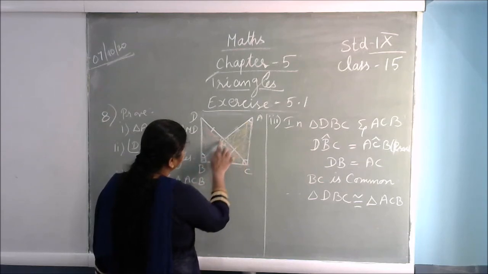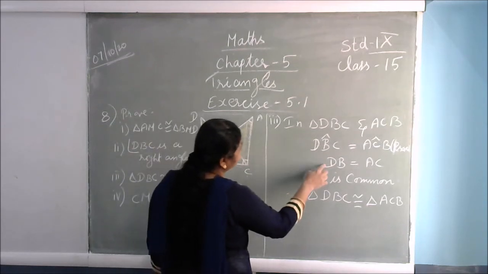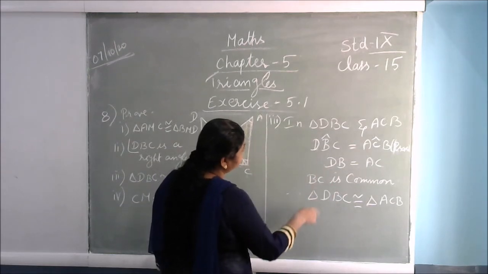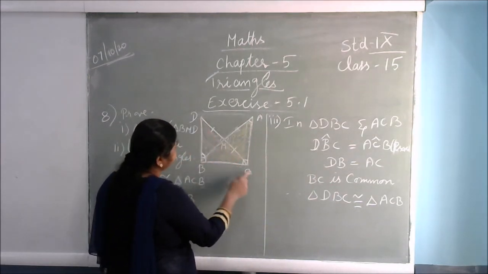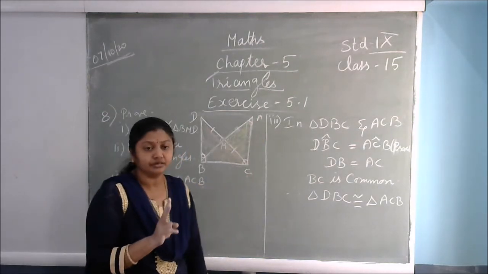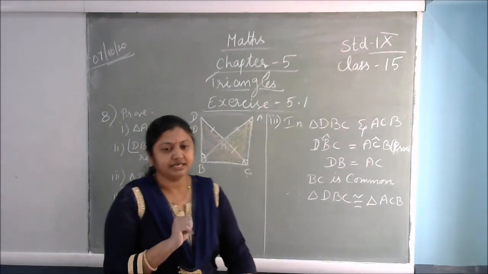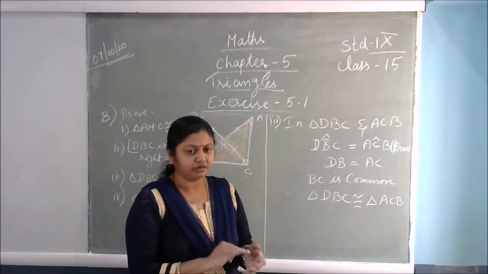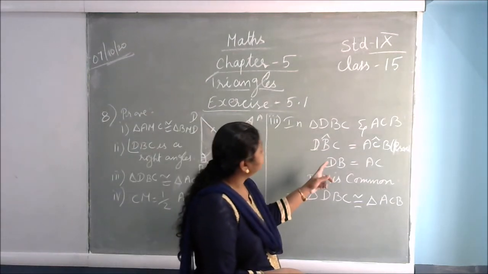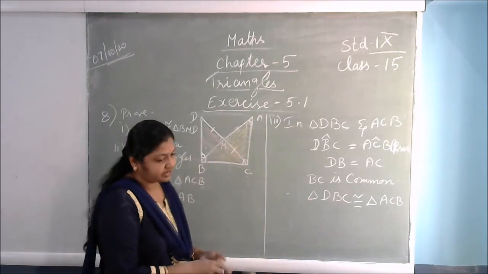So for this triangle and this triangle, you will see BC is common. So two sides and one angle we proved as equal. So automatically triangle DBC is congruent to triangle ACB. If you want to prove any two triangles are congruent, what is the statement? Three statements you can use: the SAS statement, or AAS statement, or ASA statement. Here we proved the SAS statement. That's why this triangle is congruent to this triangle.